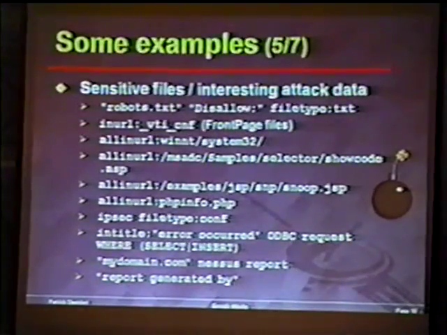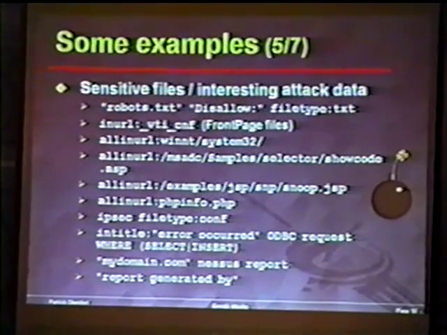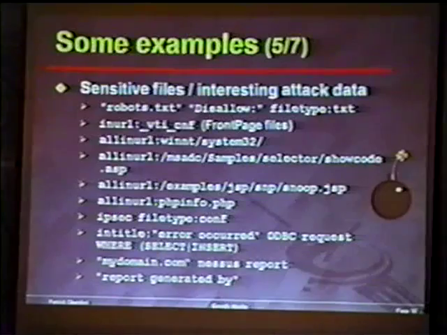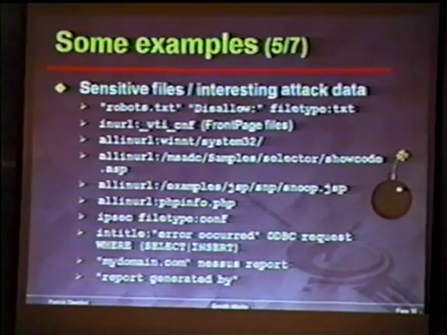In ODBC errors, you can find very useful information like table names, some request paths, some server names, and sometimes some passwords to access the databases. Last thing, you can also look for reports like a Nessus report. So you have, in fact, the vulnerabilities without looking for them. They are already in the report.